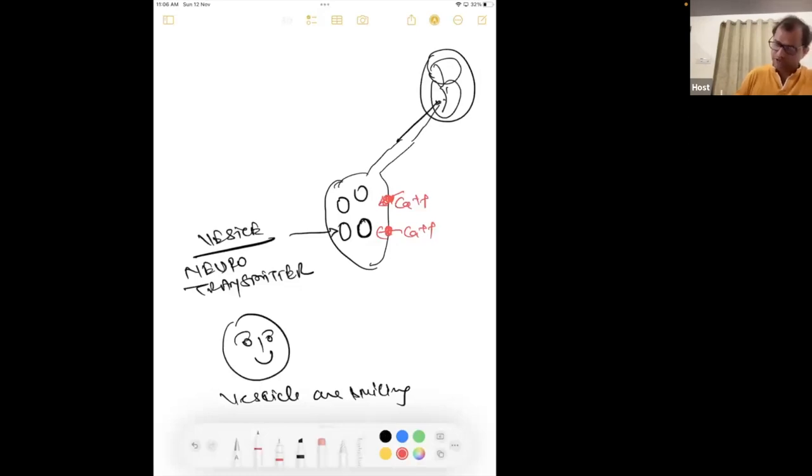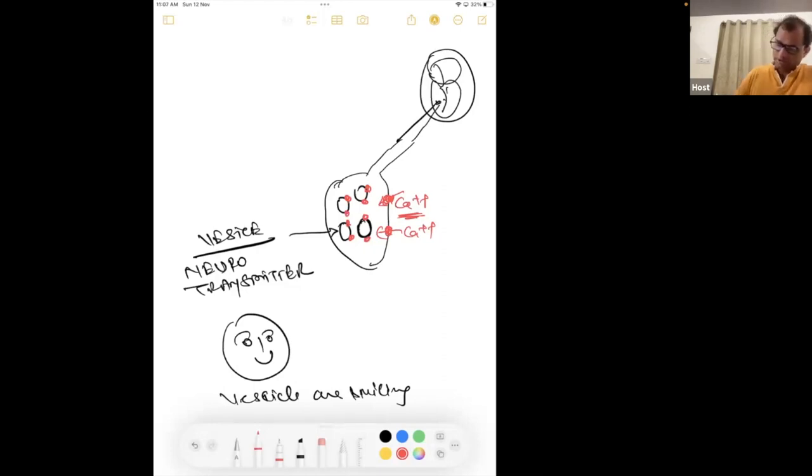Then calcium is attaching with these vesicles. Then calcium is telling the vesicles, okay, now release the neurotransmitter. Right. So the vesicle needs the support of calcium, like some car or some vehicle which will support, then only the vesicle will open and release the neurotransmitter.